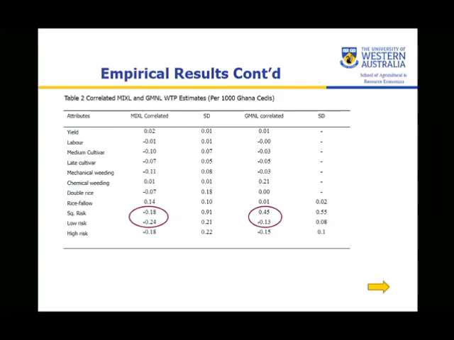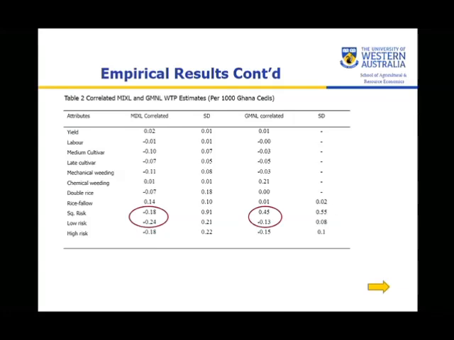Okay, so we then proceed to calculate our willingness to pay estimates. In the mixed logit model, it is a ratio of all these attributes to the monetary attribute. In here, our monetary attribute is gross margin.